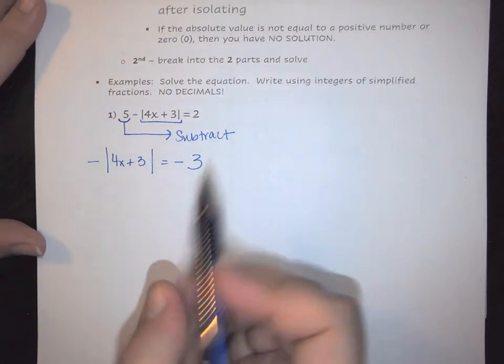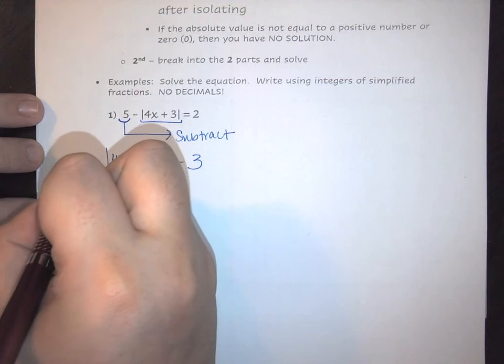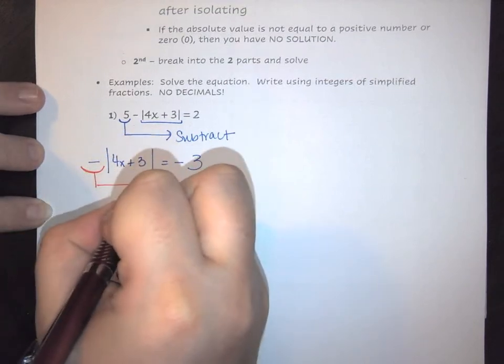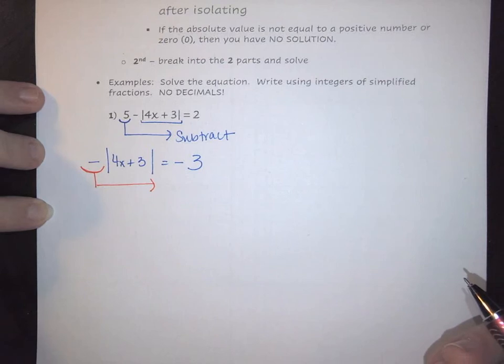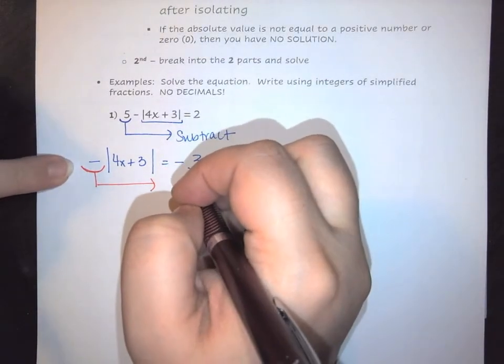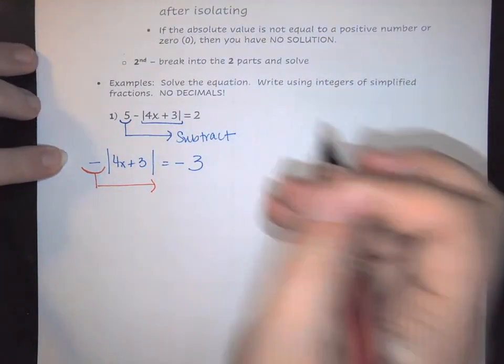The next thing we need to do is take this negative sign and move it to the other side of the equation. Because it's negative and being multiplied, there's a couple ways you can think about it.